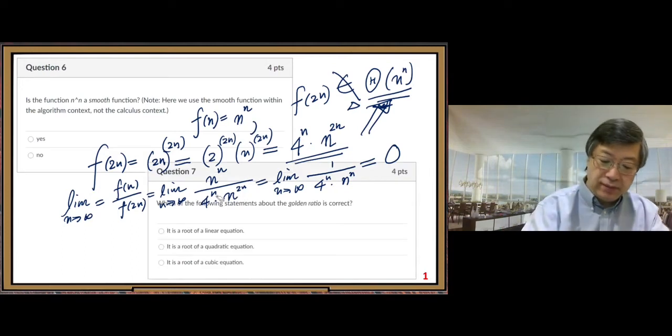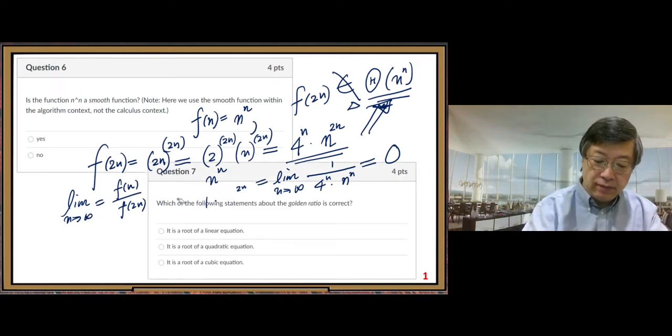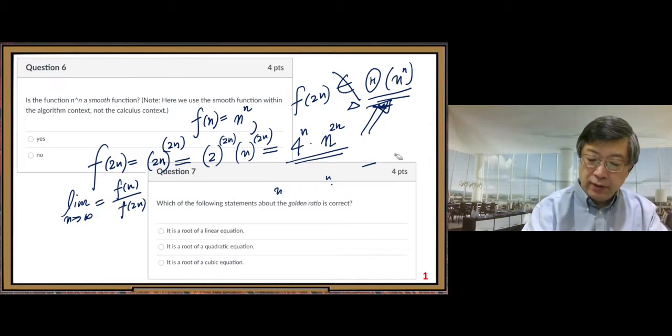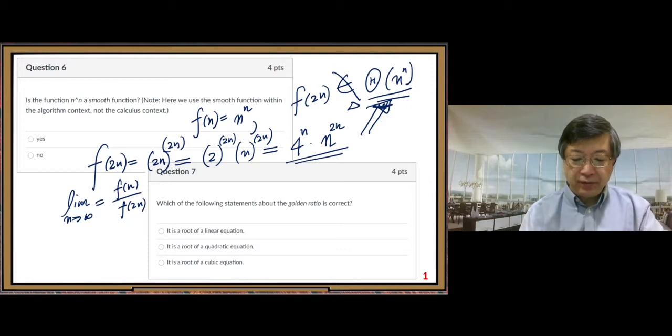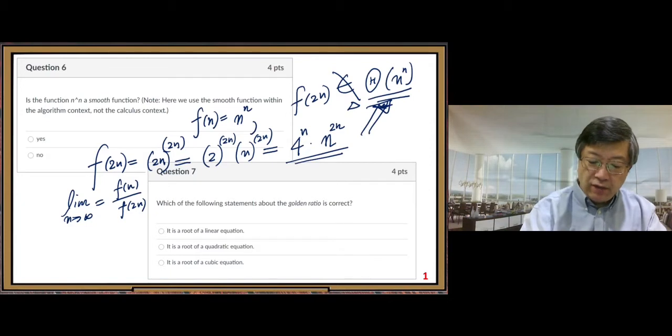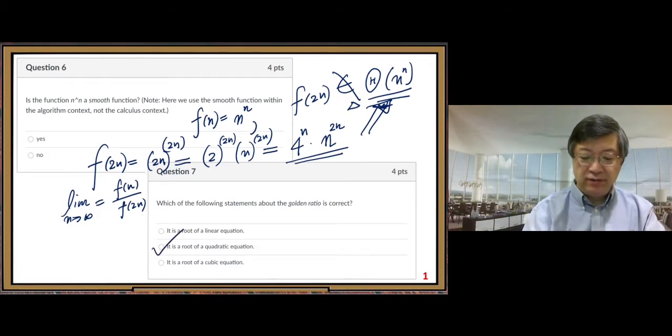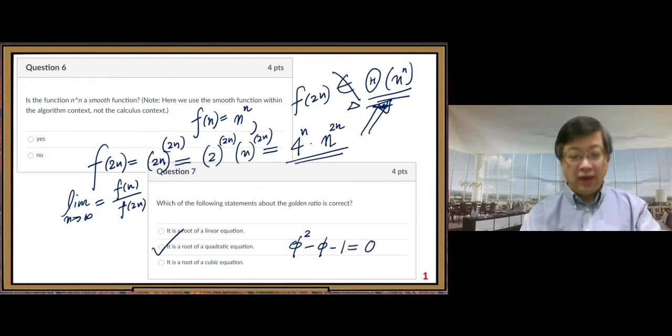Number 7, golden ratio. Which of the following is a root of the golden ratio quadratic equation? We know that phi squared minus phi minus 1 equals 0.